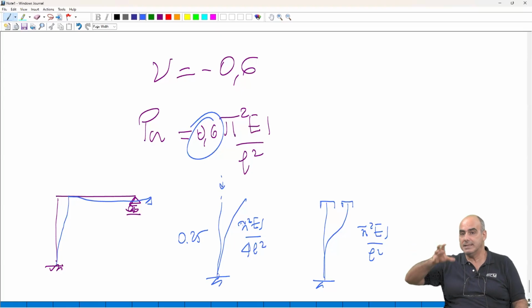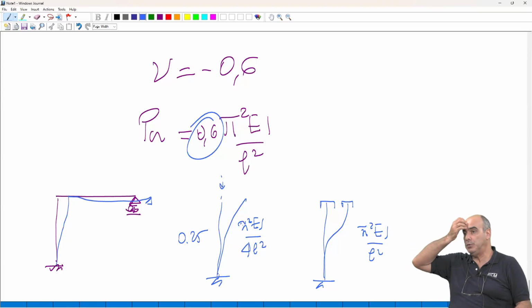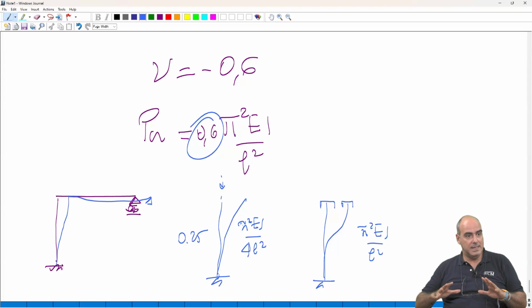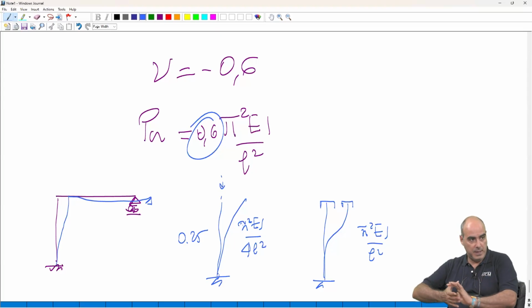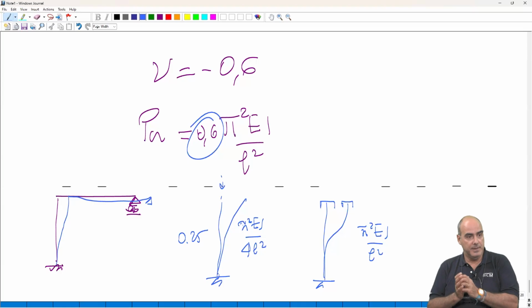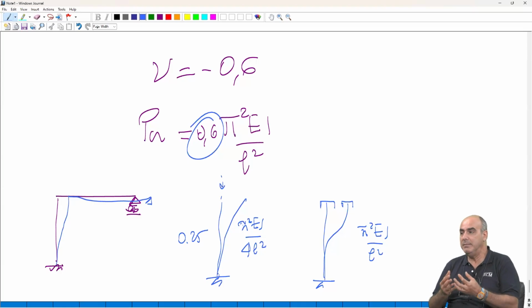All depends on the relative stiffness between beam and column. These are the tools that we have in order to also have a preliminary estimate of what could be the reality.